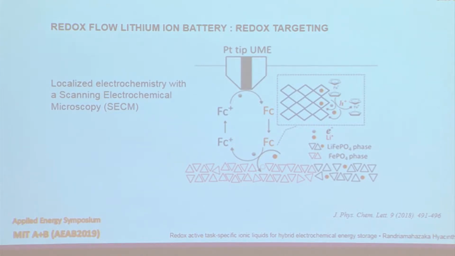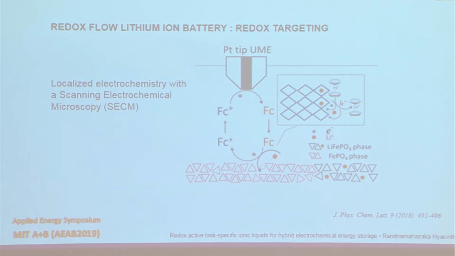So to do this, we use scanning electrochemical microscopy because this kind of electrochemical technique allows us, for example, to investigate local reactions, and in this case, we can determine some kinetic parameters for the charging and discharging of the iron phosphate.